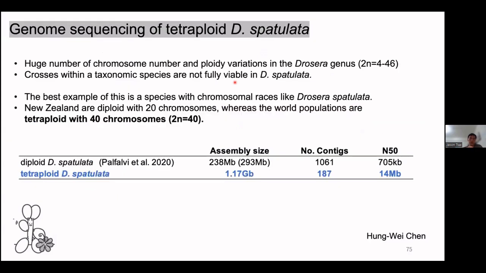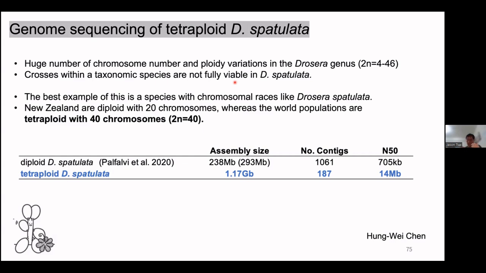Another recent breakthrough in our research has been the assembly and genome sequencing of tetraploid Drosera spatulata. This is necessary because previous sequencing efforts were from a New Zealand individual which was diploid, whereas the rest of the global populations, including our subjects, are tetraploid.